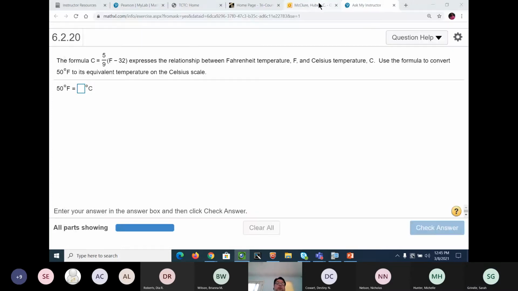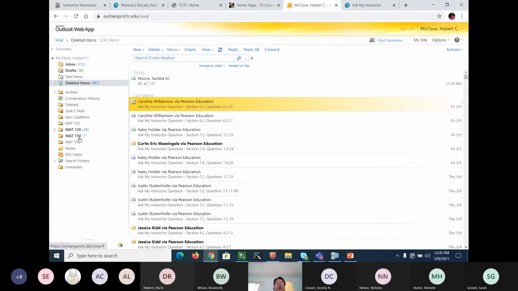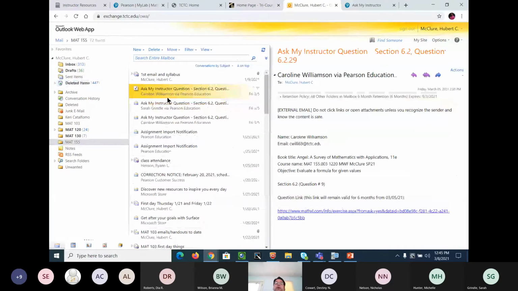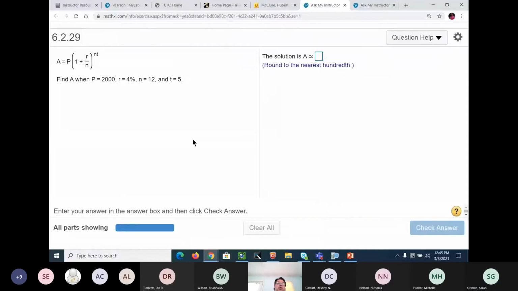All right, let's look at the next homework question. There it is. Number 29 in the book, number 9 online. So this is like everybody's number 9 question, and it's probably a test question. Oh yeah, we went over this one 2 or 3 times.